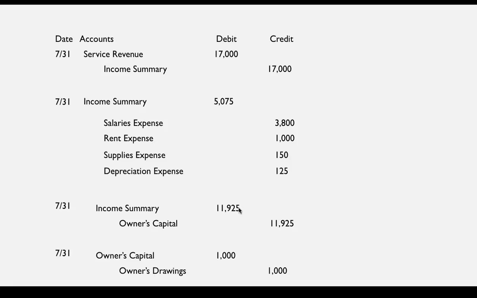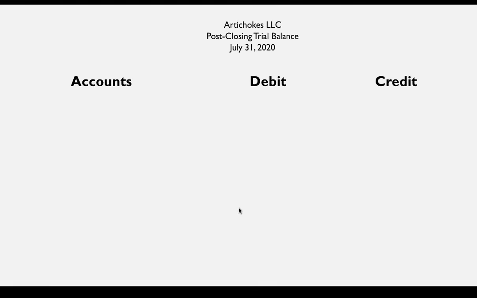So after we prepare all of these closing entries, we can then make what's called a post-closing trial balance, right? So we've had just our regular trial balance from the very beginning. We had an adjusted trial balance after our adjusting entries.